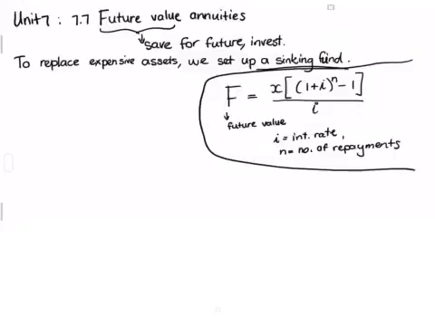Right. Let's do an example. Let's say we're going to invest $590 per month. Every month we're putting another $590 in the bank.